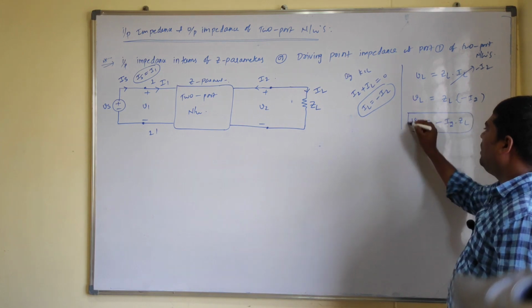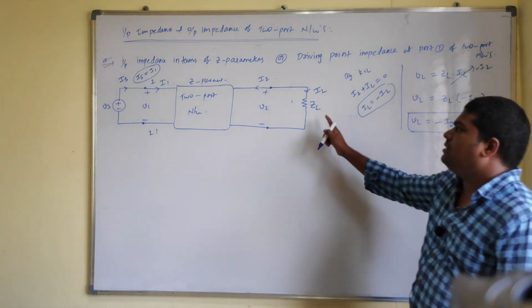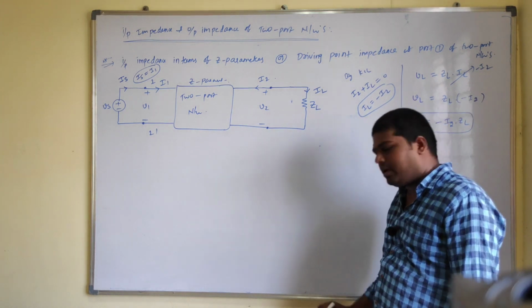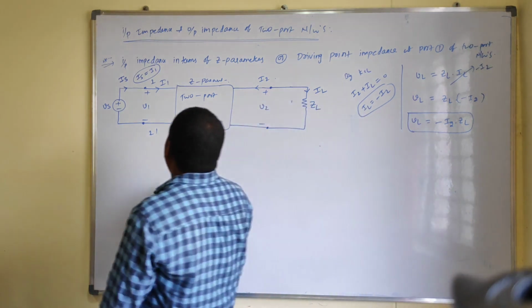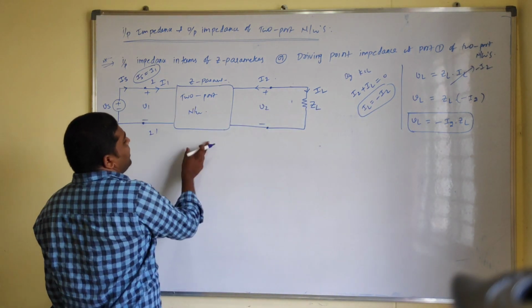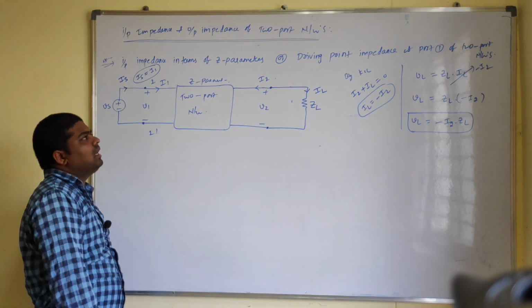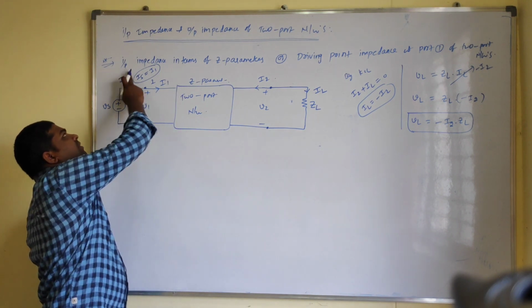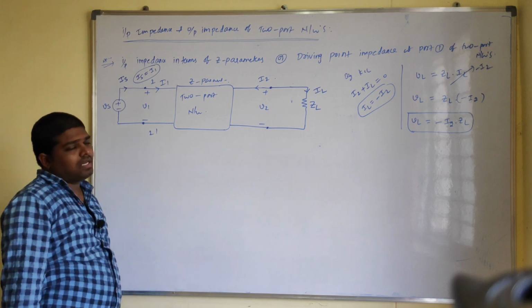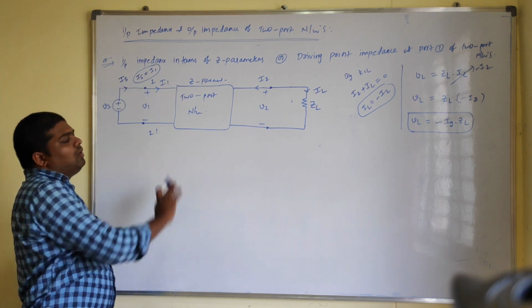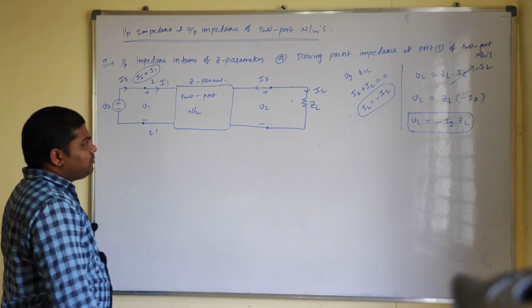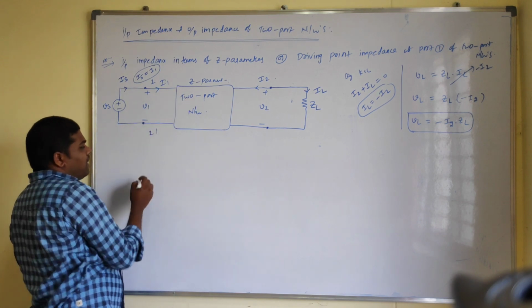This is your load voltage across ZL. And now here we have Z parameters support. With the help of Z parameters, we can calculate the input impedance or output impedance of the given two-port network. Now, what are the Z parameters we have?